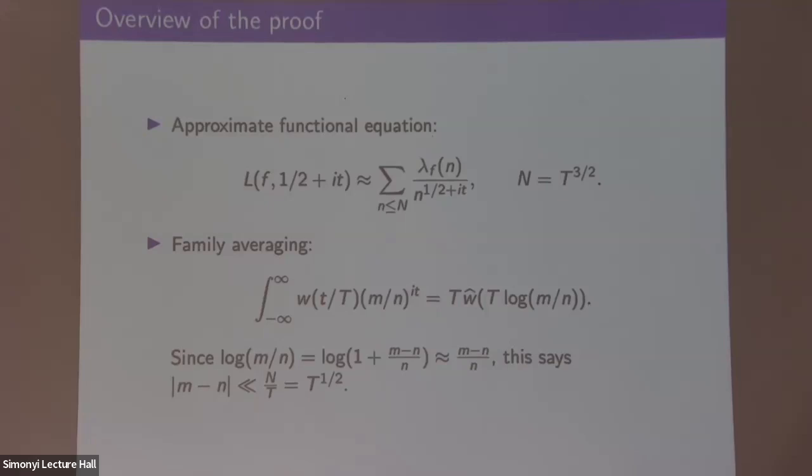Okay, so I have some words on an overview of how the proof goes. Our starting point is to use an approximate functional equation for our L function. It's a general thing that if you have an L function, you can write a value of it as two sums that both have length square root of the conductor.